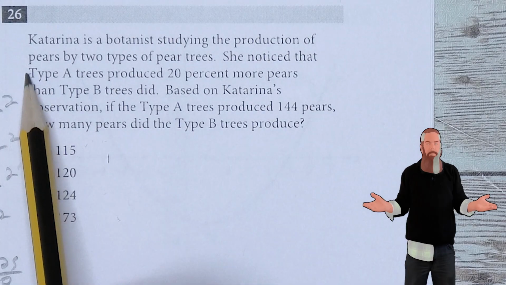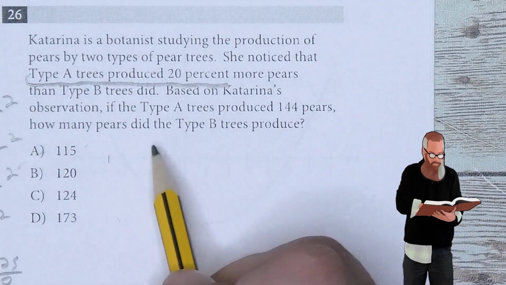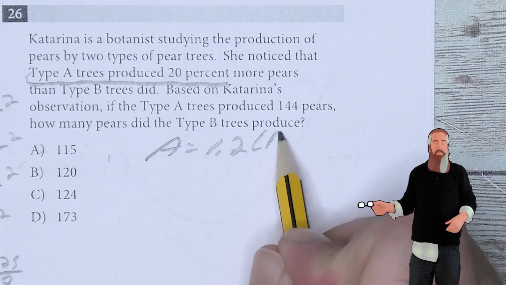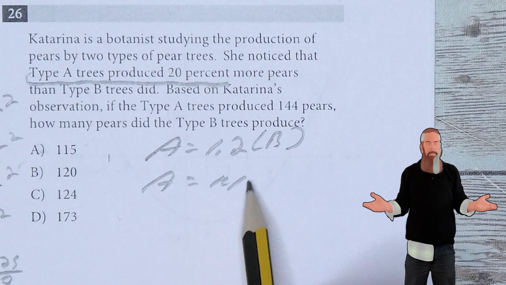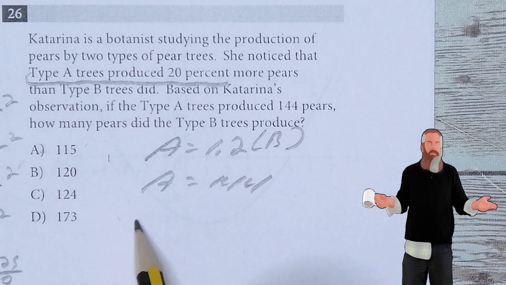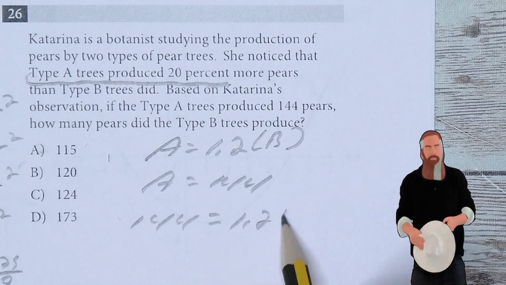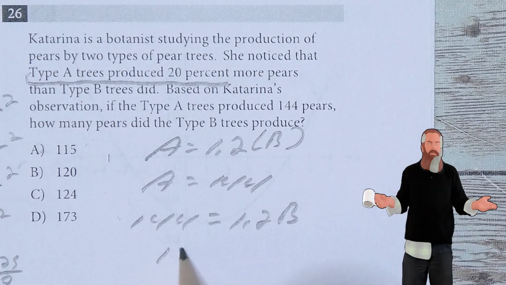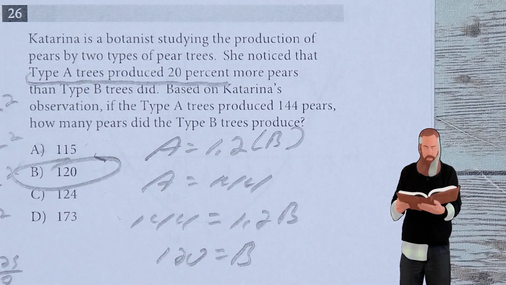So A produces 20% more than B, meaning that A is equal to 1.2 times B. Now, if the total A production was in fact 144, then we would have 144 is equal to 1.2 times B. Dividing both sides by 1.2 would give me 120 is B, so B is the answer.